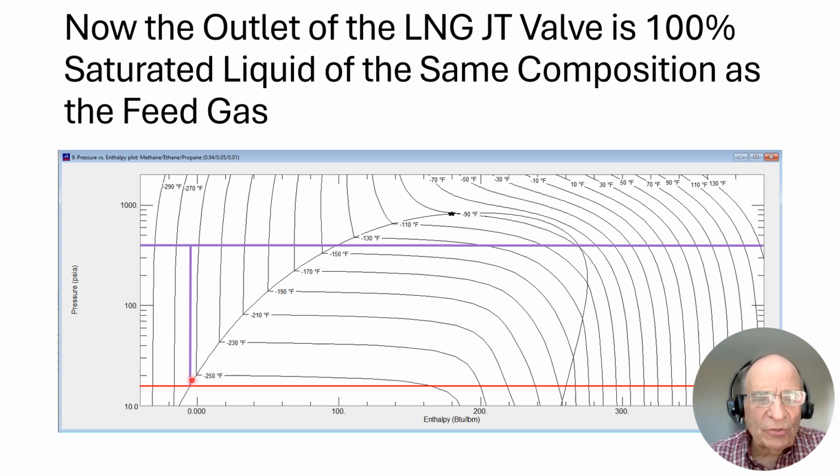This composition should be the same as the feed gas, 94% methane, 5% ethane, 1% propane, and no flash gas if we bring it down to this very cold temperature before going through the JT valve. So this is very desirable because we get an LNG that has a lower BTU value and a lower Wobbe index, so that it is allowed to remain interchangeable.